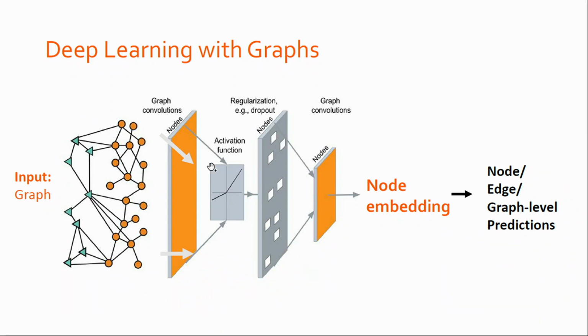So the goal of the most common setting in graph neural networks is to learn, with a deep architecture, some embeddings for each of the nodes. And from the node embeddings, we can extend to further downstream applications, such as node level, edge level, and even graph level predictions.